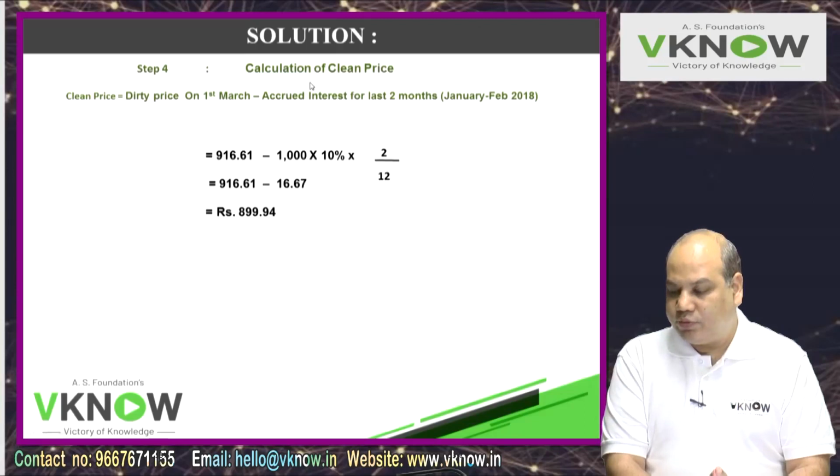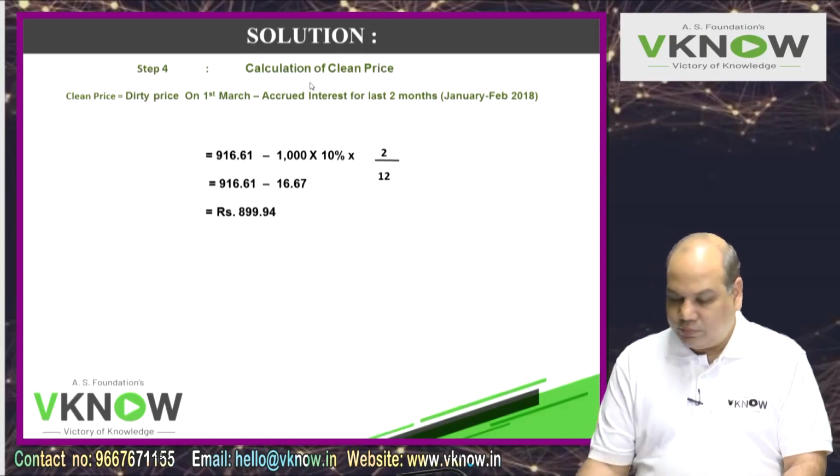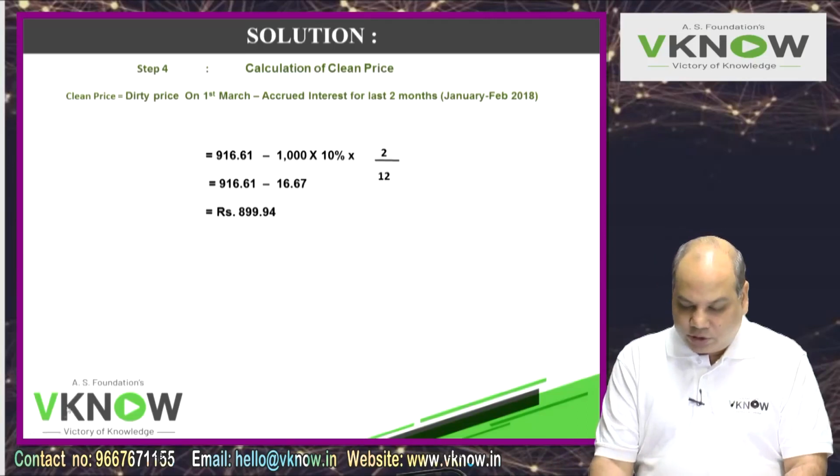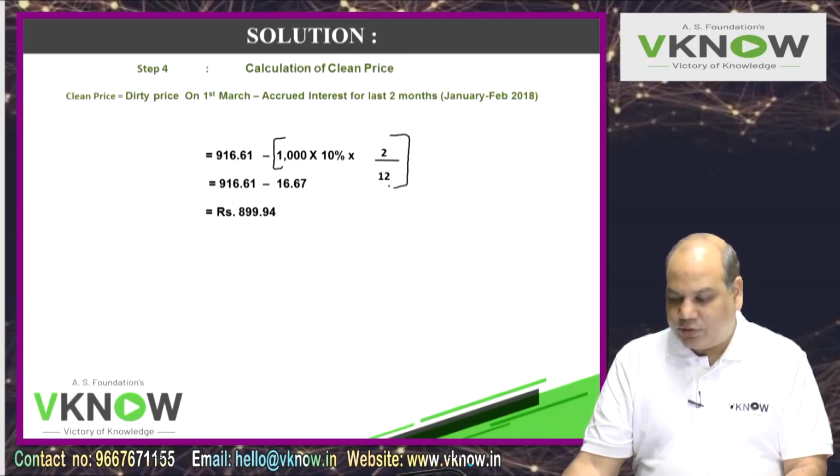Which 2 months? If you want to write, January and February 2018. So the previous answer was 916.61 minus interest 1000 into 10% into 2 by 12.